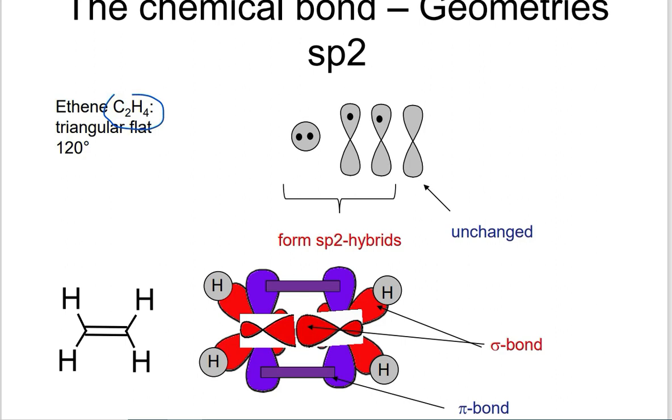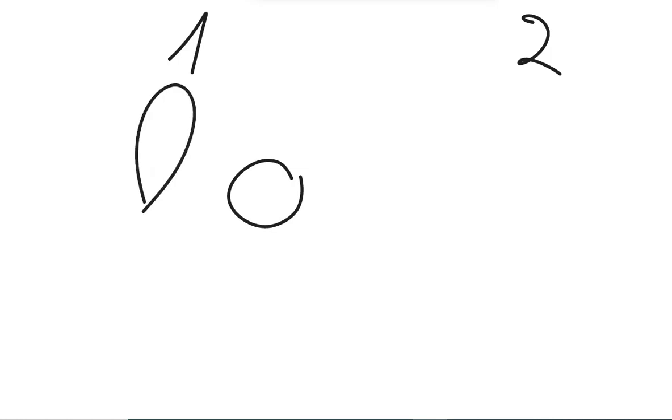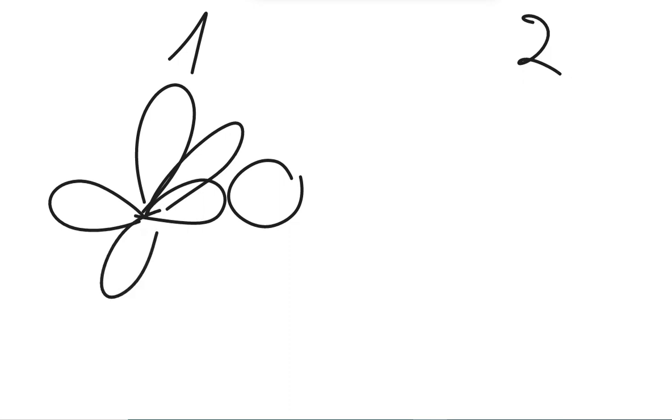In the case of ethene, we have two carbons. So this is one carbon and this is one carbon. And I will draw to explain. So what happens in the case of ethene? We have two carbons, one here, one there. Every carbon originally has one s and three p orbitals, right?